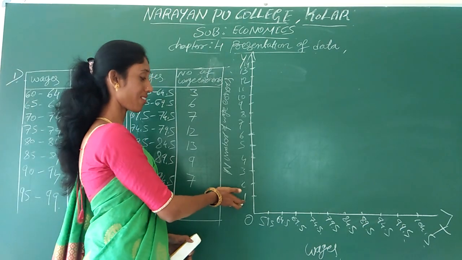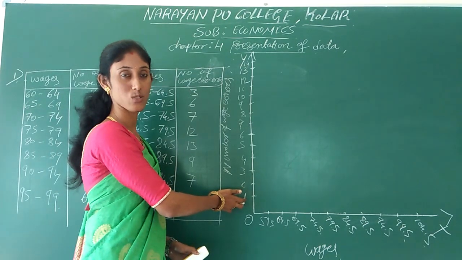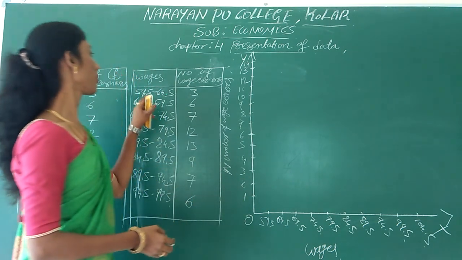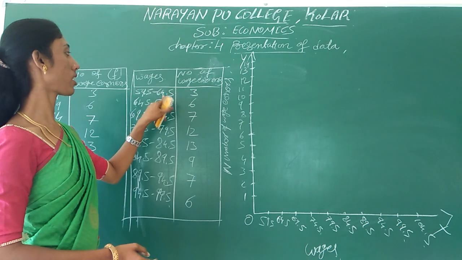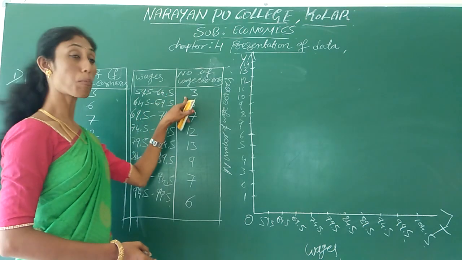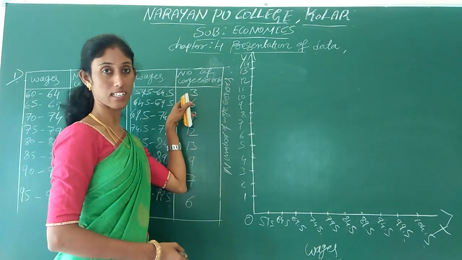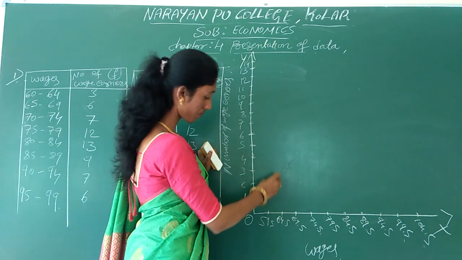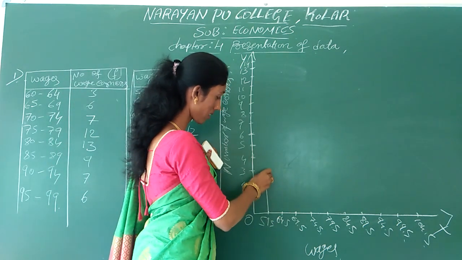Yeah. Here we have taken 1 as the class interval with a clear explanation of the diagram. From 59.5 to 64.5, the frequency is 3. The number of wage workers is 3. 3 is here, see.